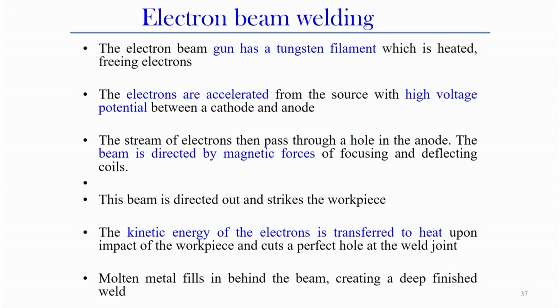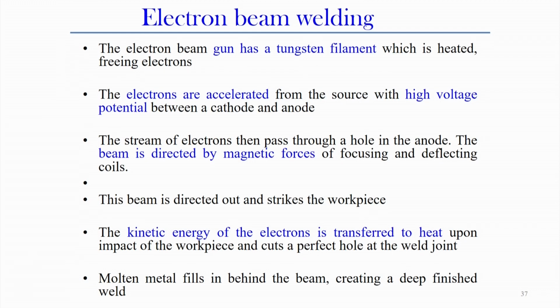We will see in detail the typical components of a simple electron beam welding machine. But finally, the beam is directed out and strikes the workpiece surface, and the kinetic energy of the electrons is transferred to heat on impact with the workpiece.